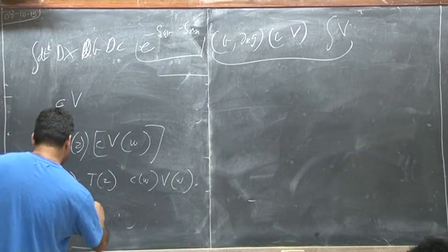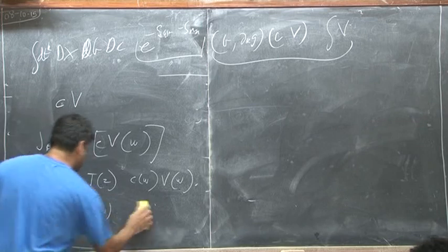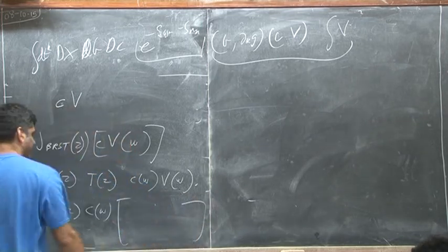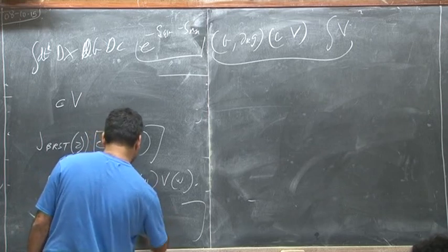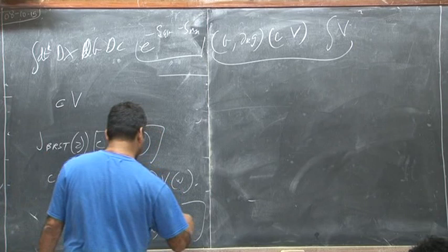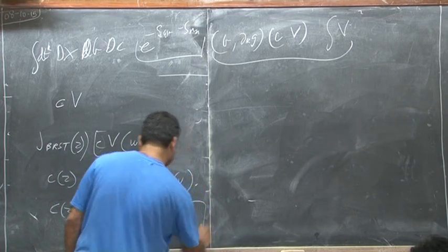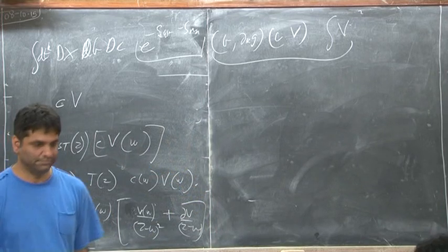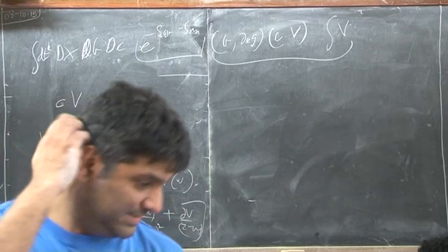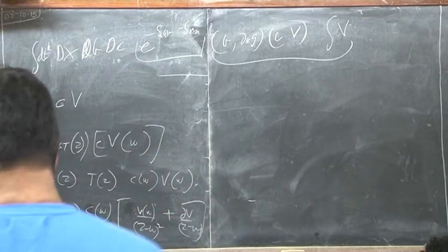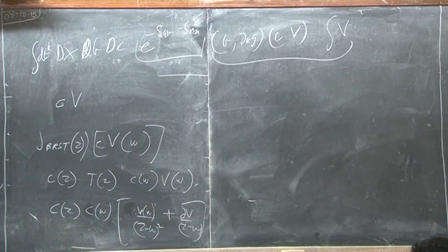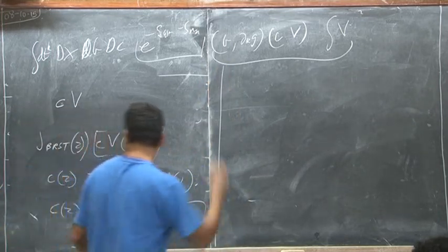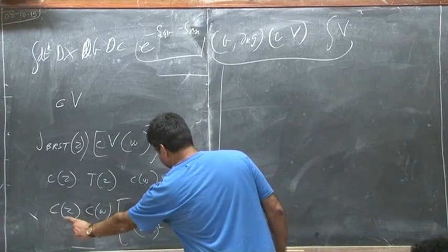So that's c of z, c of w, times 1 V of w over (z minus w) squared plus del V over (z minus w). Okay, so if we want the pole, we have to expand this guy.